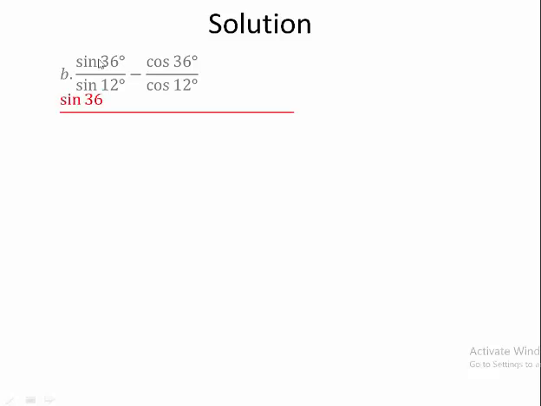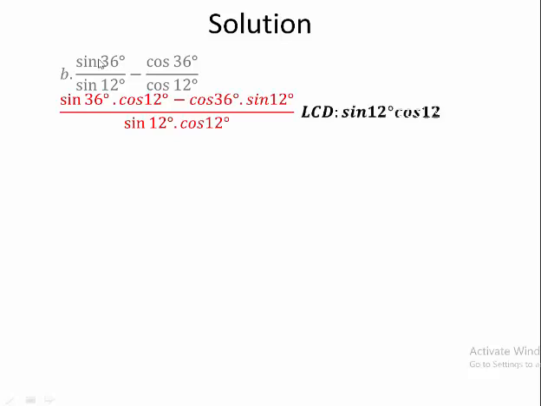So you will first have sin 36 by cos 12, after having taken your lowest common denominator, which is sin 12 by cos 12. And then this will have negative cos 36 times sin 12 as your second term.